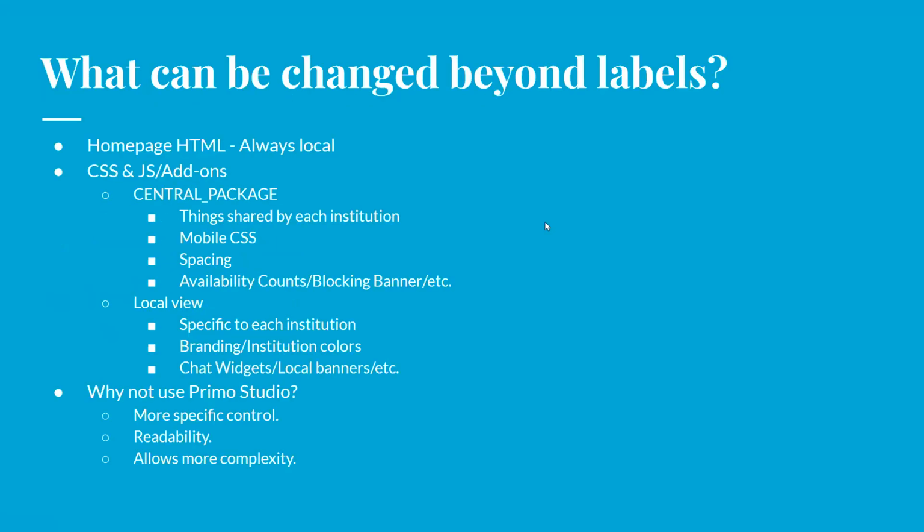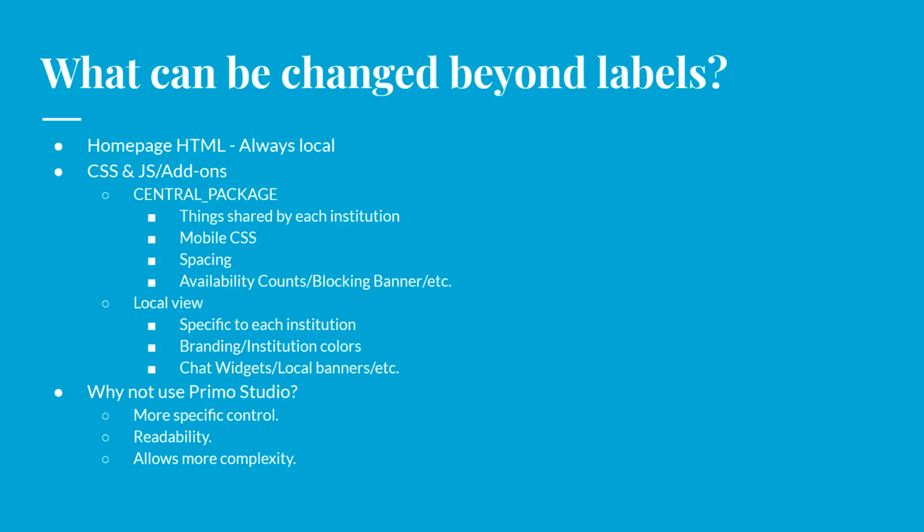And what can be changed beyond just the labels you find in Alma, which does encompass a lot. There's the homepage HTML, which is always a local matter. That's per institution. That's not the network zone. There's CSS and JavaScript add-ons for the central package, which is the network zone.